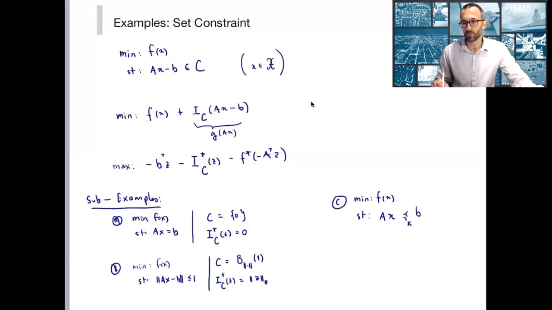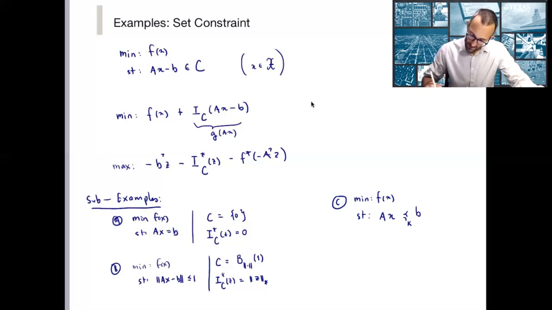So in particular, this means that b minus Ax belongs to the cone. Think about semi-definite optimization, optimizing subject to a positive semi-definite constraint. So this means that b minus Ax is greater than 0, where the greater than is really the cone ordering. Another way to write that is b minus Ax belongs to the cone.